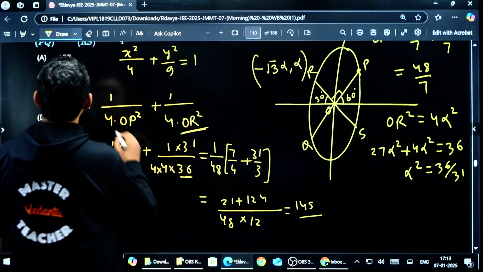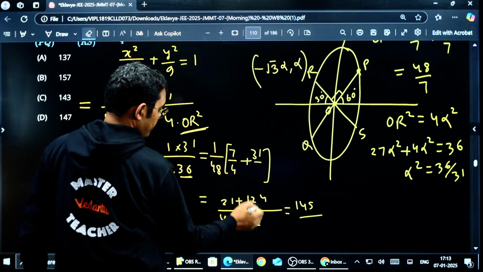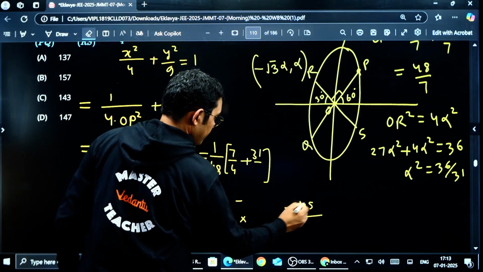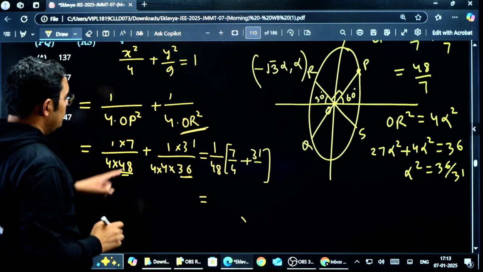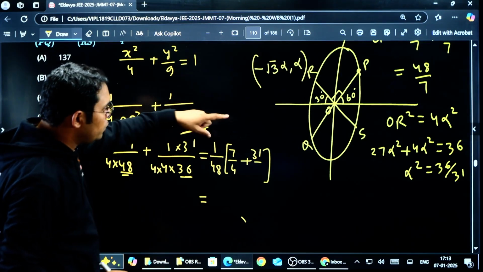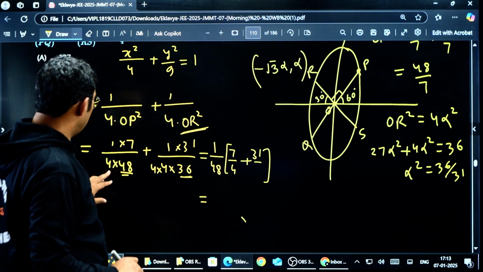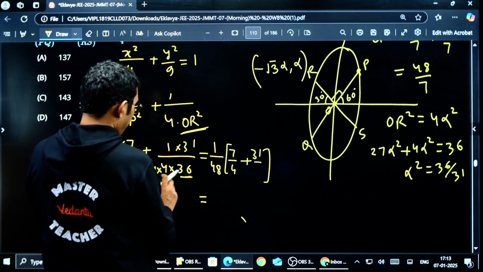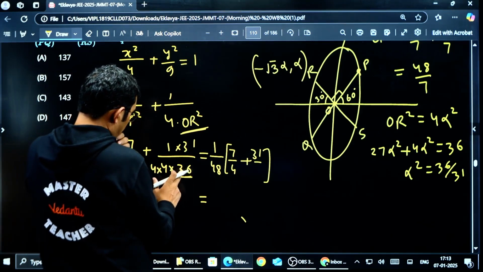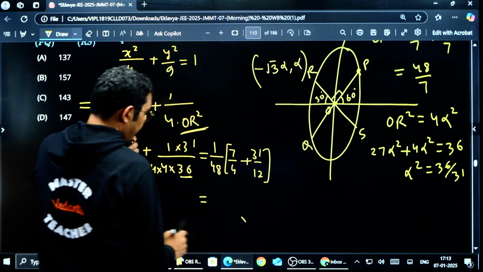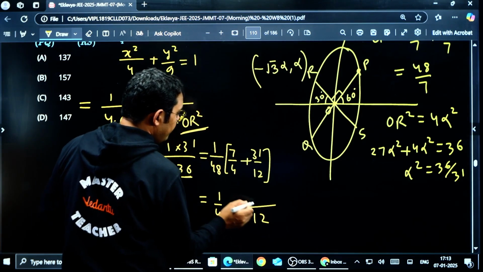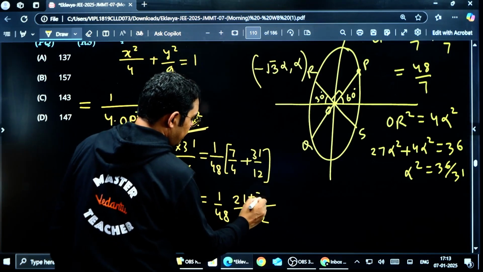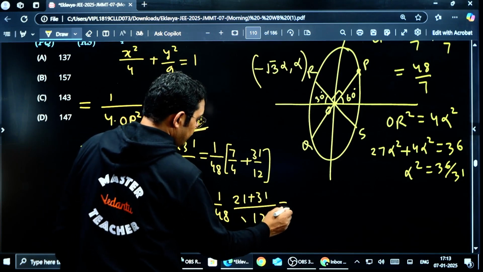That means we will be having, for the extra 4 here, alpha square I have put as 36 upon 31. So for the extra 4, I think we will have 4 into 3, 12. Already 12 will be here. So after taking 12 as LCM, that will be 21 plus 31. 21 plus 31 is, I think, 52.